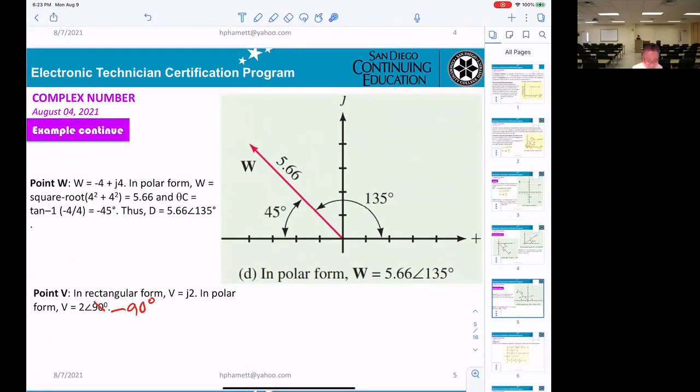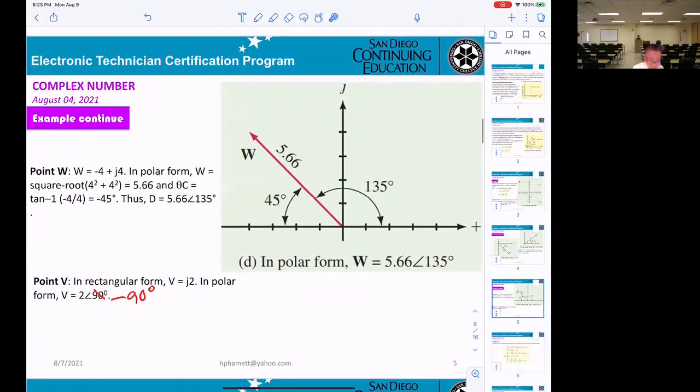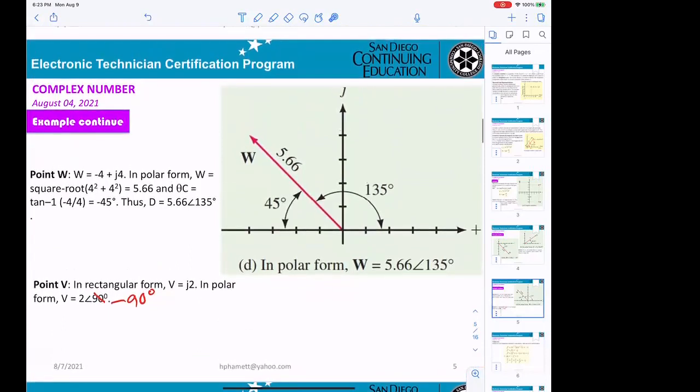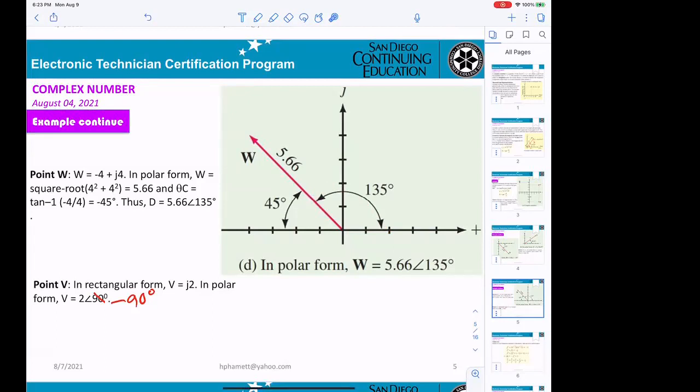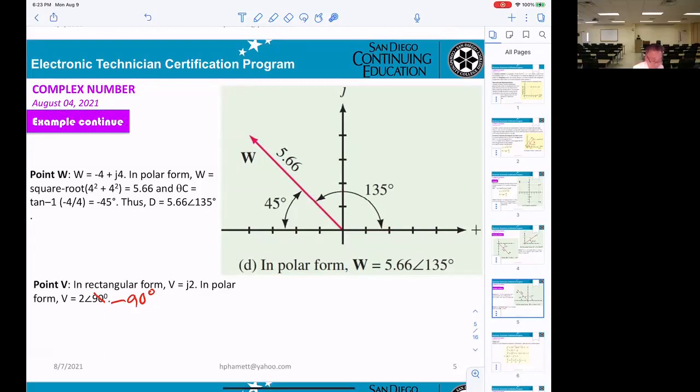When they are on the positive J, the angle is supposed to go this way. When you calculate it, you get 45 degrees, so you have to take 180 minus 45.